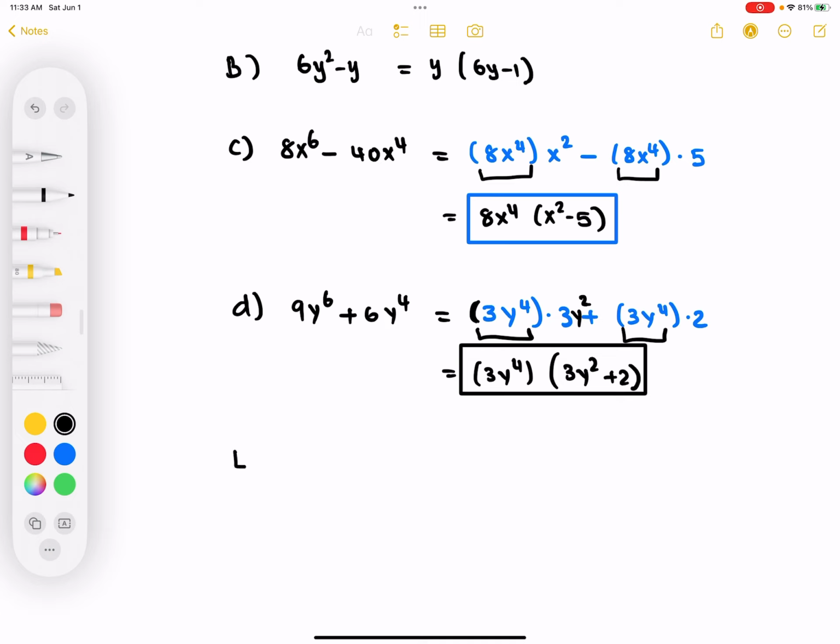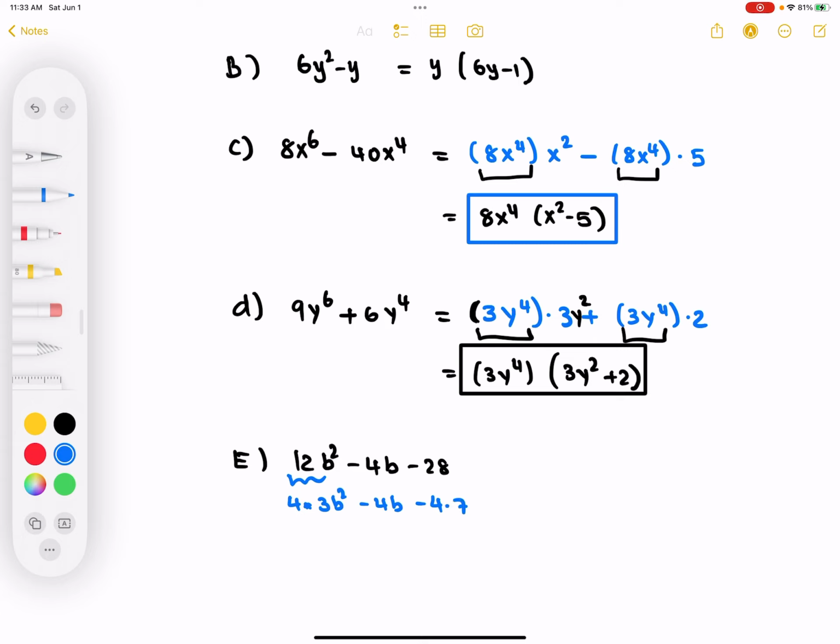Let's use another one, E: 12b squared minus 4b minus 28. Now you can see there is no common variable in this case, but there are common numbers, right? You can split 12 as 4 times 3b squared, this one is 4 times b, and this 28 is 4 times 7.